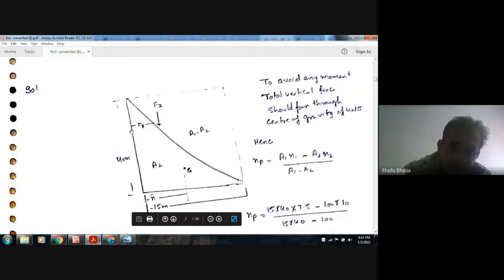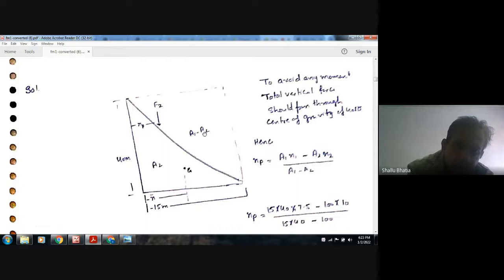and the dimensions are 40 meters and 15 meters. So let this area be A2, and the total area over which the water is flowing be A1, and then this area will be A1 minus A2.